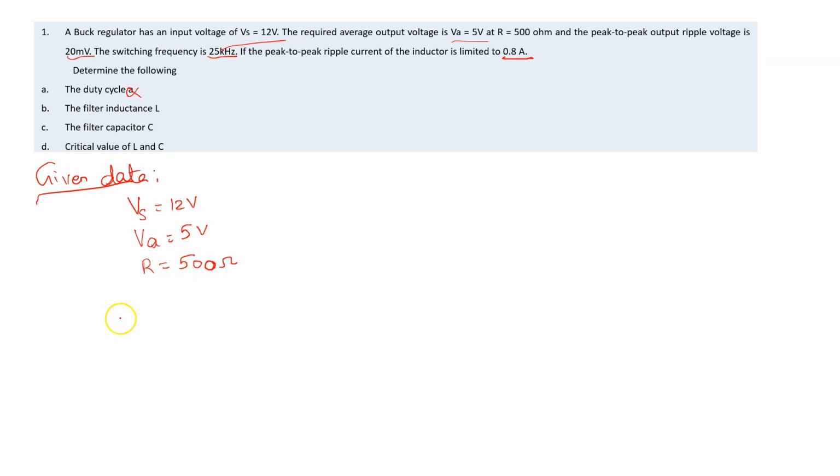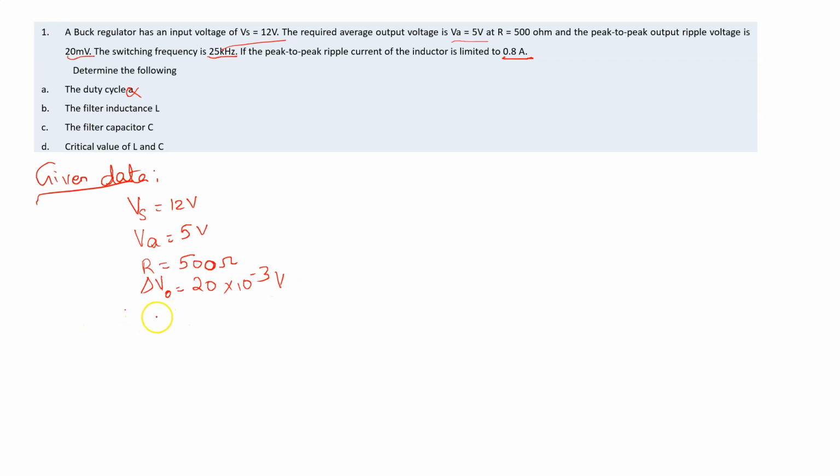Peak to peak output ripple voltage is 20 millivolt. So for peak to peak ripple voltage, the notation will be del V naught. So del V naught will be 20 millivolt, so I'm writing it as 20 into 10 power minus 3 volt.